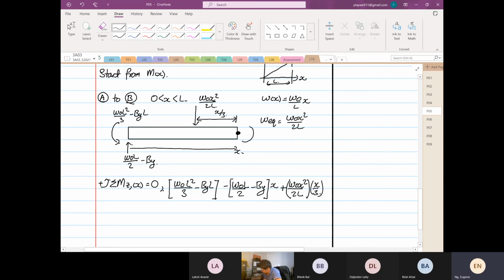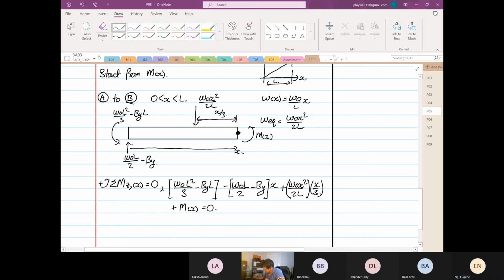We're going to assume positive shear, positive bending moment. Then at that point you have plus M as a function of X. The whole thing will be equal to 0.